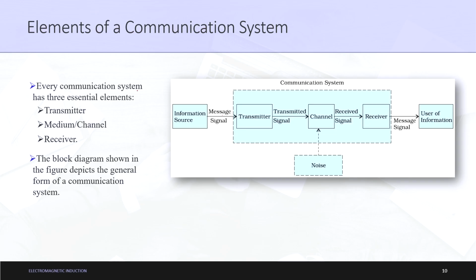So, let us move on. Every communication system has three essential elements. First is the transmitter, then is the medium or the channel. Medium or channel is the way through which information passes from an information source to a receiver, and finally is a receiver. So, these are the three basic essential elements of a communication system. The block diagram shown in the figure depicts the general form of a communication system.